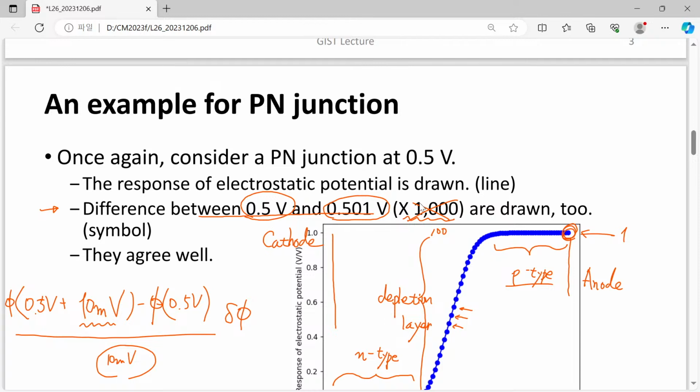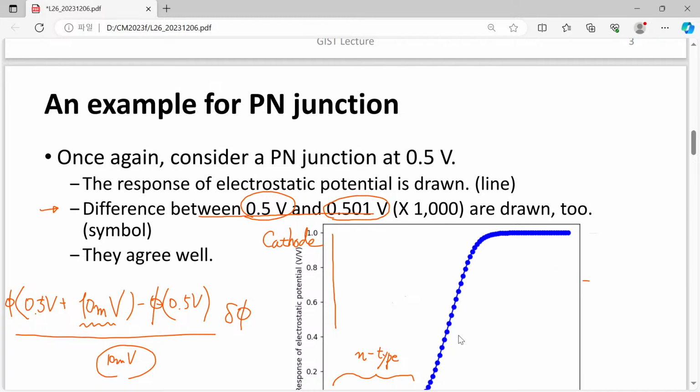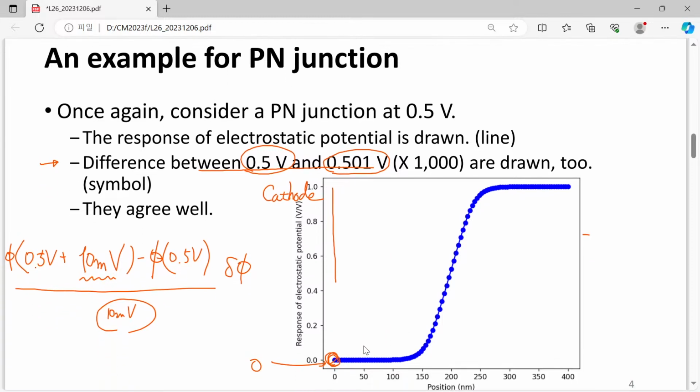Okay, so now please have a look at those results. Please try to make a comparison between symbols and your line. How do you feel about their comparison? So they seem to be quite similar and they agree well.